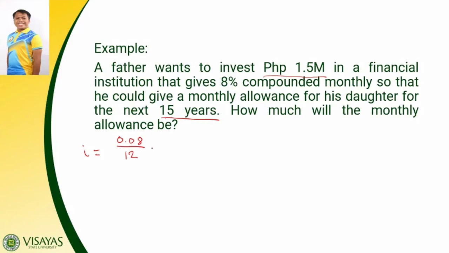We will solve it later. Our N here is 12 periods, since it is monthly, times the term of 15 years. So 12 times 15 is 180, right?